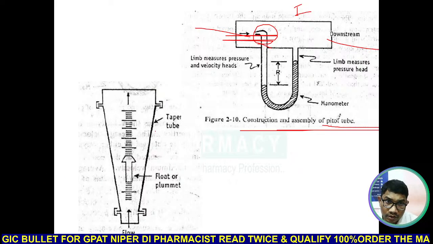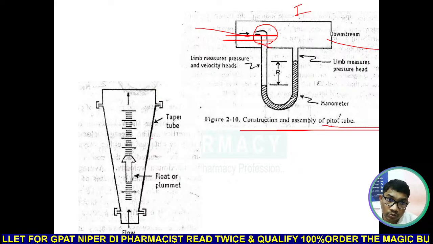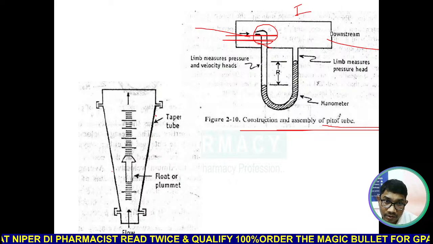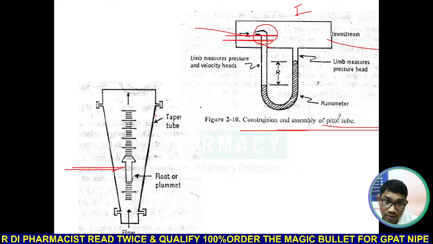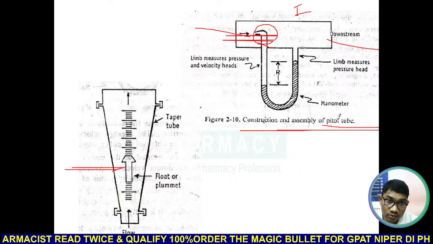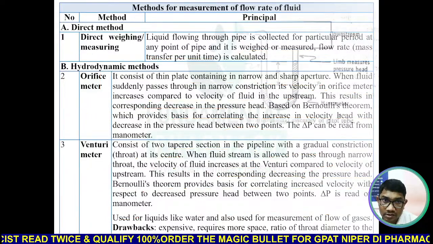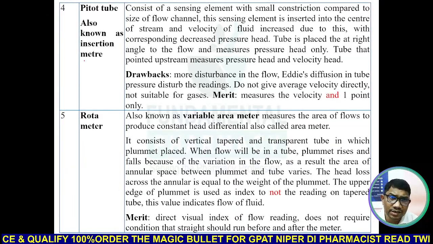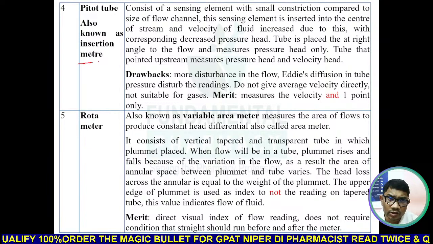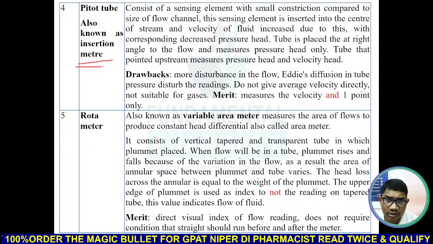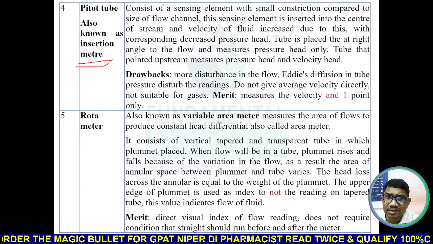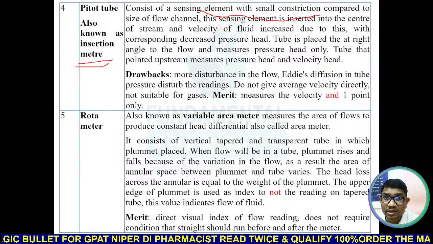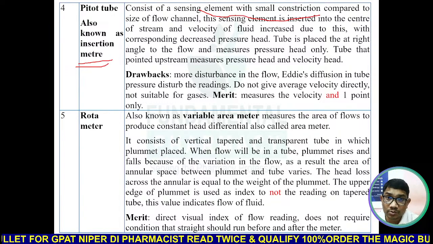So, a vertical tube with a taper, in which there is a plummet, float or plummet. So we'll see that next. So the pitot tube is also known as an insertion meter. Now it consists of a sensing element with a small constriction compared to the size of the channel.